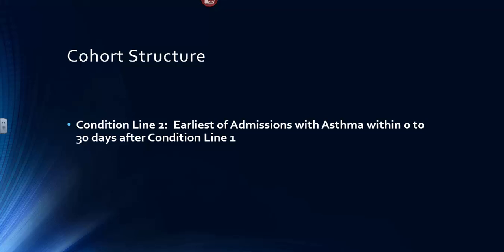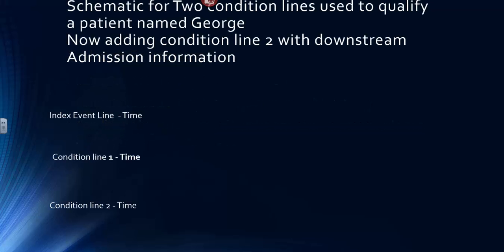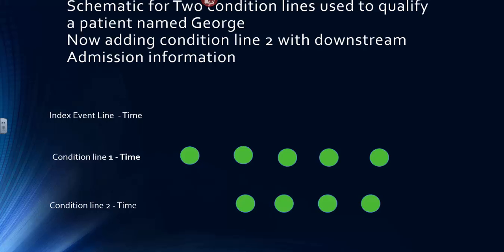Condition line 2 is earliest of admissions with asthma within 0 to 30 days after the events in condition line 1. Line 1 is earliest of discharges with asthma, and the index event line points to condition line 2. So here you have the discharges in a cartoon, and paralleling on condition line 2 are the subsequent admissions.